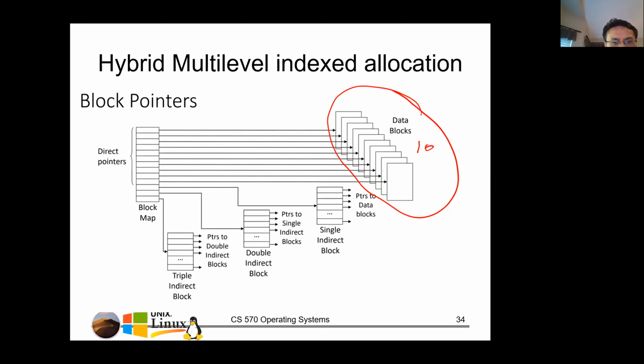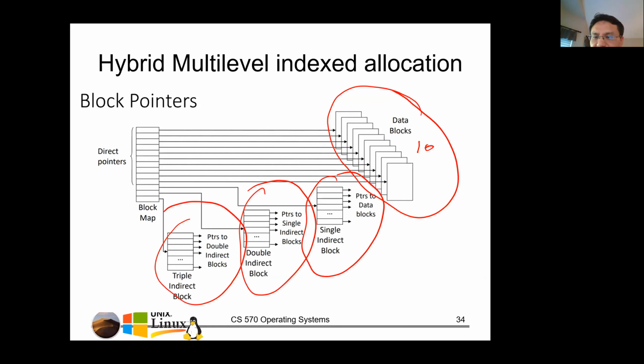Okay, and this would be the single indirect I just talked about. This would be the double indirect. This would be the triple. Each block is 1 KB.